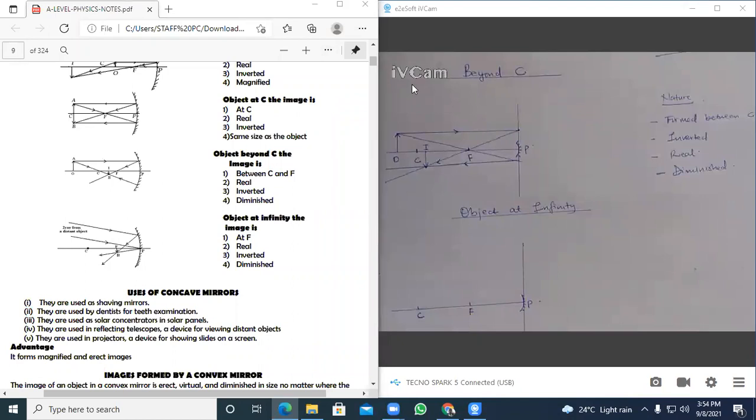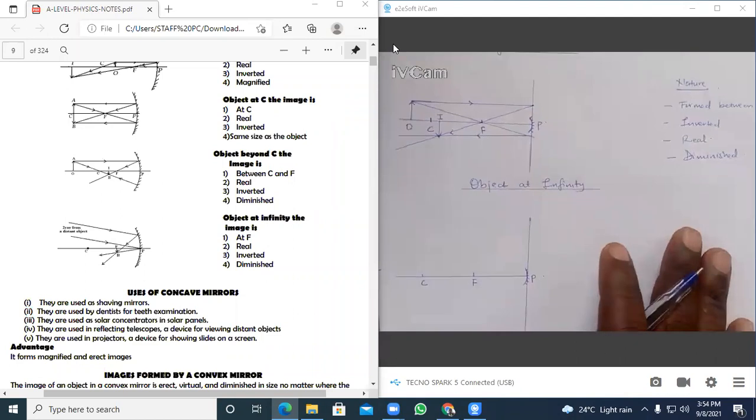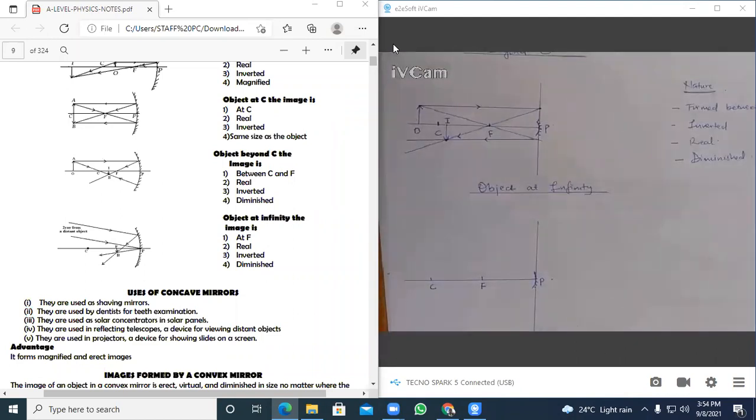Now, if we want to draw rays coming from infinity, those rays must be parallel. The rays that come from infinity are always parallel. Are we there? Yes.